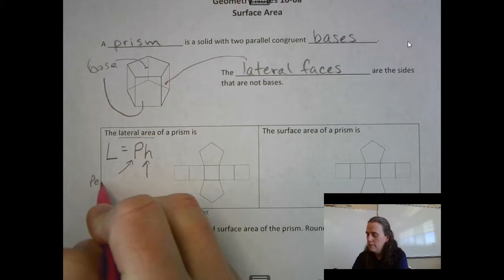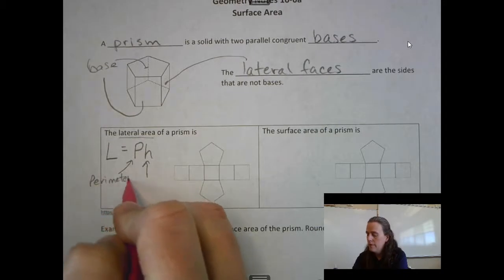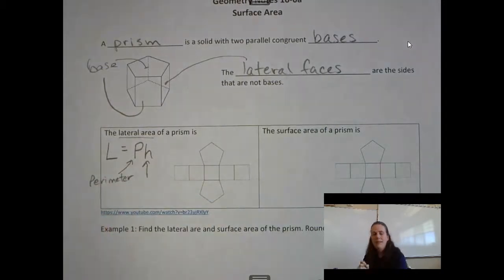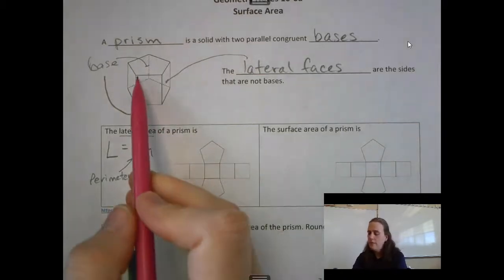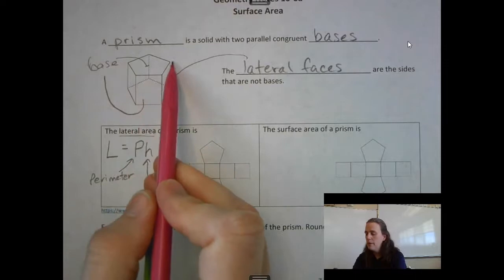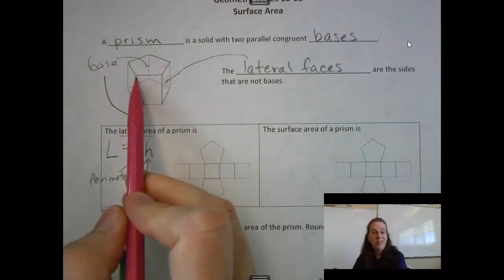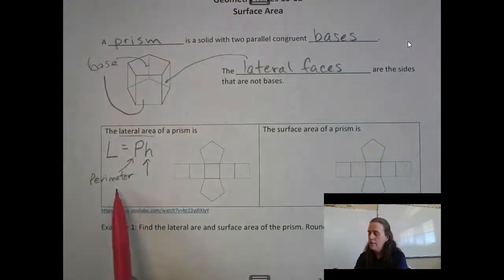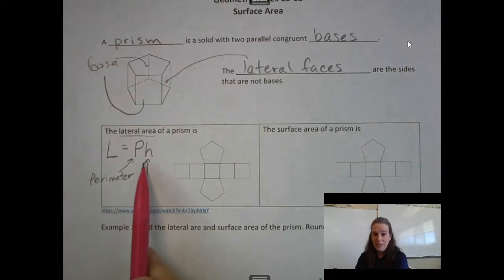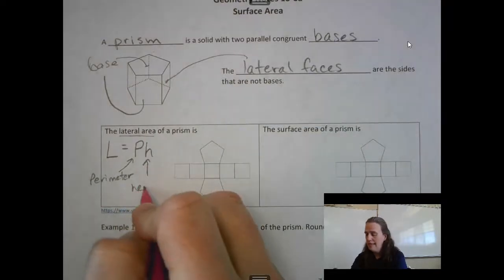Capital P is perimeter, and what we're talking about there is the perimeter of that base. So in this prism up here, we would want the perimeter of the pentagon. And then H, I bet you knew that one, right?